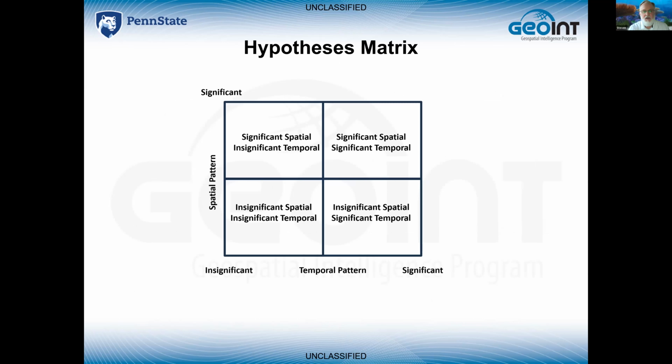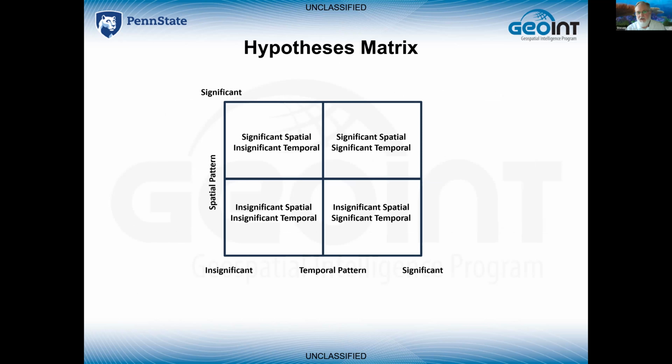Now this is a hypothesis matrix. Looks complex, but it really isn't. Conceptually, it shows you there's 4 hypotheses. On one axis, we have a temporal pattern. On another, we have a spatial pattern. And they vary from insignificant to significant.